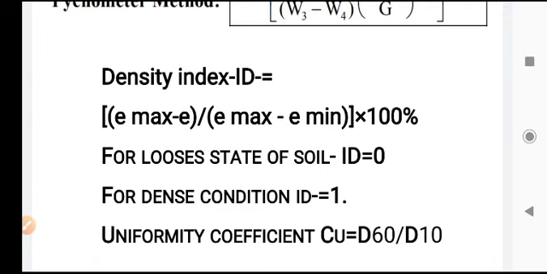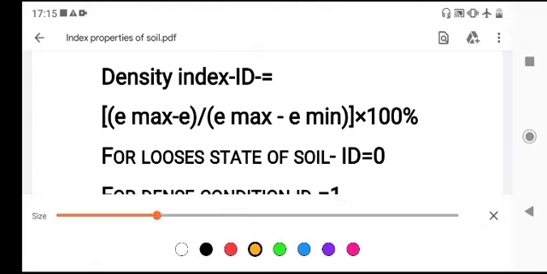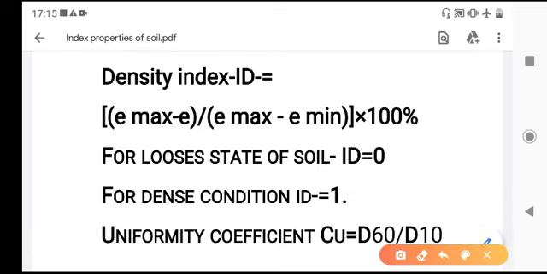For dense condition, I_D equals 1. For loosest condition, e equals e_max, so 0 by something equals 0, and for dense condition, e equals e_min, so (e_max minus e_min) by (e_max minus e_min) equals 1. So for dense condition, I_D equals 1.